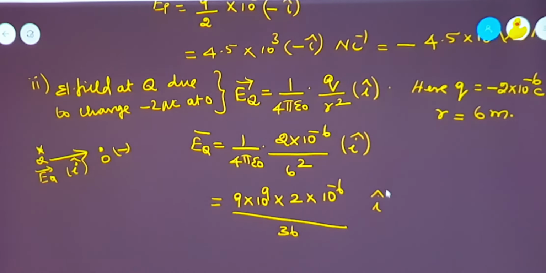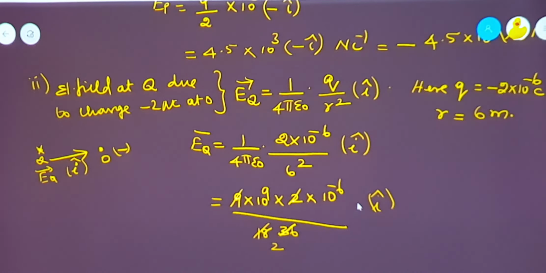Into I cap. So on simplifying, you can say that this 2 and this 36 get cancelled. You get 18, then this 9 and this 18 get cancelled. You will get 2.